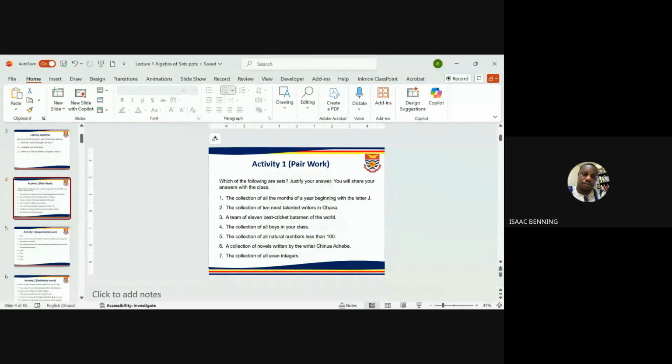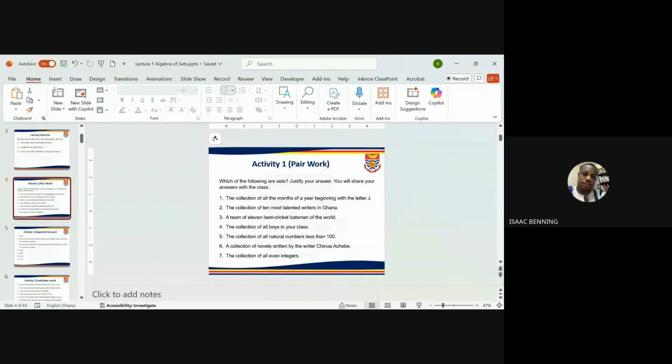Apart from that, the person will not be able to add any other month apart from these 3 months. So it makes it definite. The answer from person to person is the same. And therefore, that makes it a set.